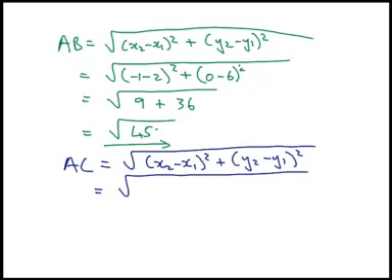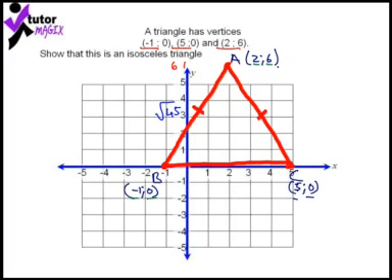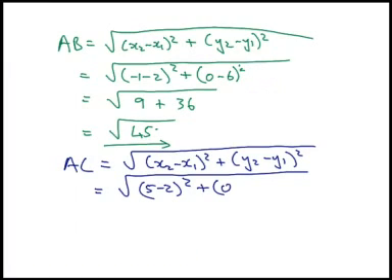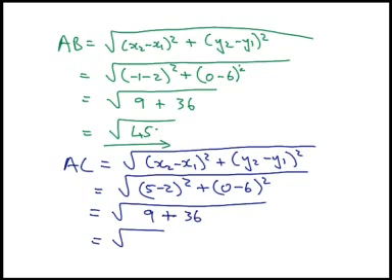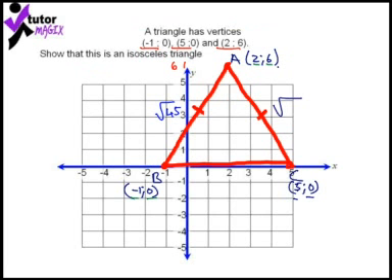So we'll get 5 minus 2 for the x's, squared, plus 0 minus 6 squared as well. And then simplify this whole expression. 5 minus 2 is 3, squared is 9, plus -6 squared is 36. And again, we'll get the square root of 45 as the length of that side.